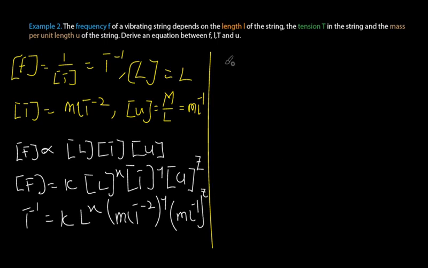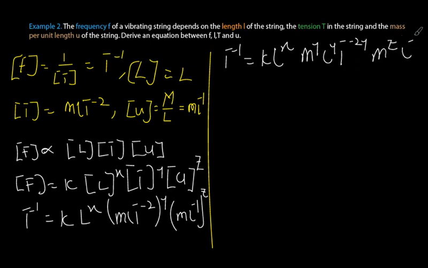So we expand this bracket. We have T inverse is equal to K L power X, then M power Y, L power Y, T negative 2Y, then for this one M power Z, and L negative Z. From here we have L and M common, so let's further simplify.